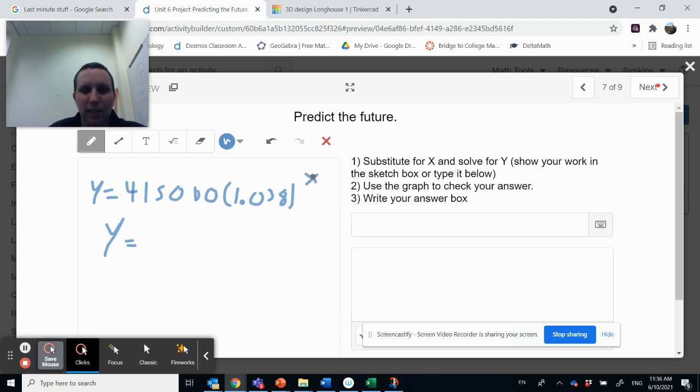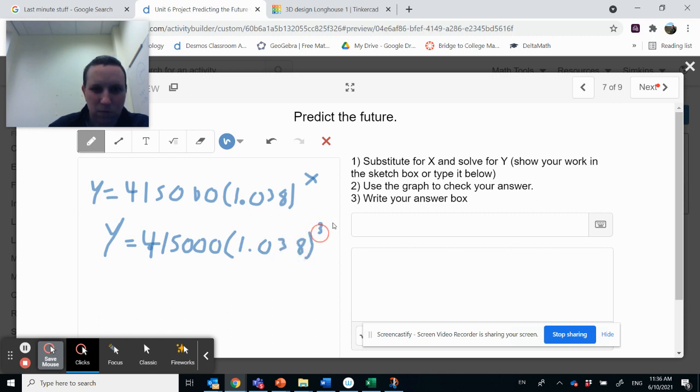The x in this means how many years in the future, right? So we're going to just plug in 30 for the exponent here: 1.038 to the 30th power.